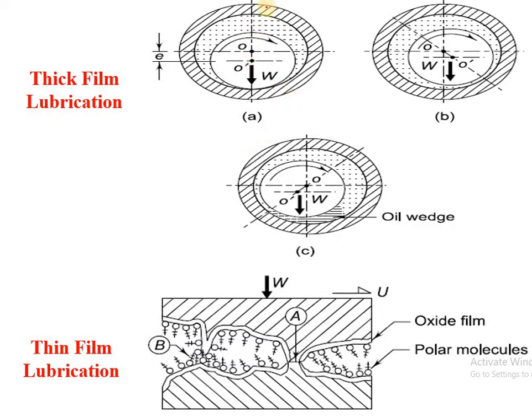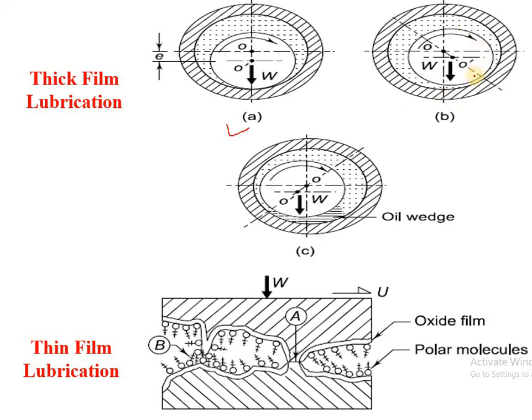Talking about thick film lubrication, initially when the shaft is at rest, as you can see in diagram A, it is in contact with the bush. The journal is in contact with the bush. Journal is nothing but the shaft.